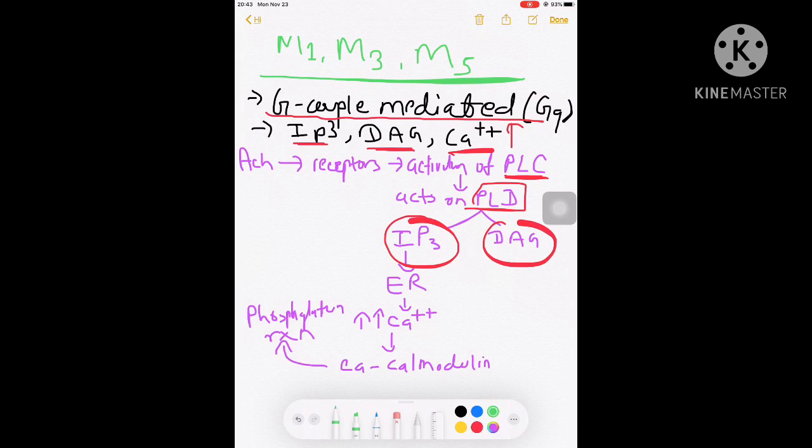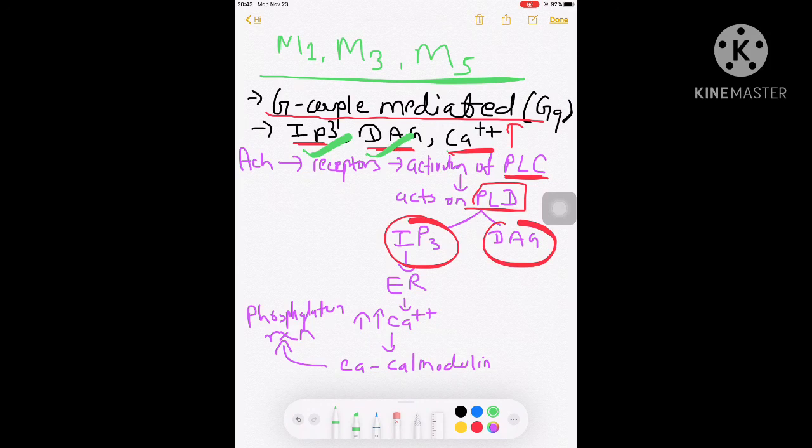Inositol triphosphate, or IP3, acts on the endoplasmic reticulum inside the cell, and as we know the endoplasmic reticulum has calcium inside it, so IP3 brings calcium out from the endoplasmic reticulum into the cytosol.